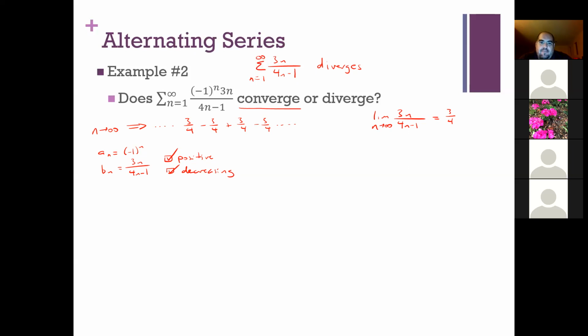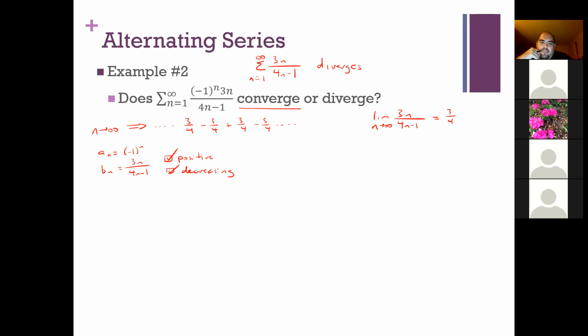It's not totally irrelevant, but it's far more important what happens as n gets very large than what happens at the beginning of the sequence. So it really is all about the tail of the sequence.